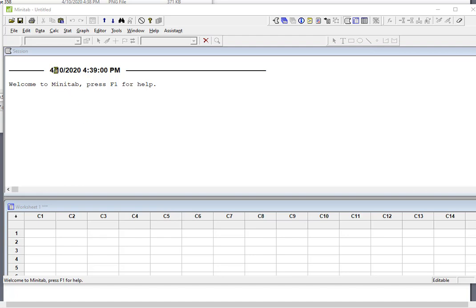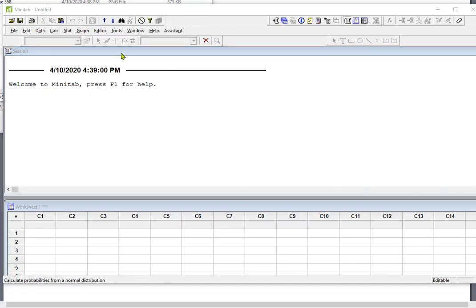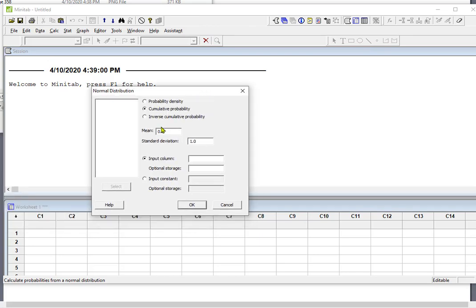You've seen this done before, and you've done it yourself several times, but let's look again at how we do it. We would say calculate probability distribution, and this is a normal distribution. Z, remember, is a normal distribution. We're looking for a critical value, so this would be the inverse cumulative distribution, so we select inverse. The mean is 0 and the standard deviation is 1.